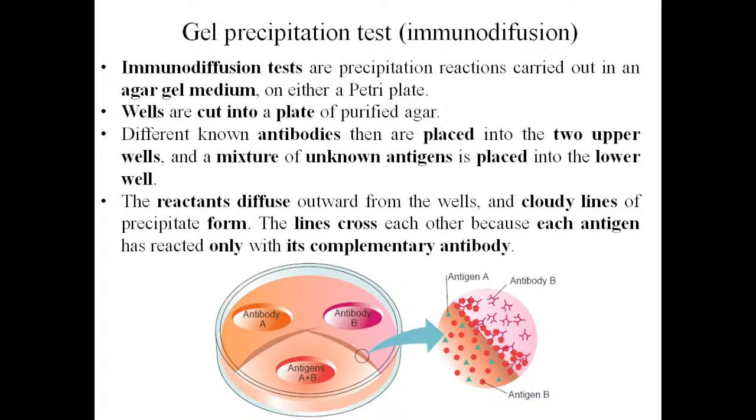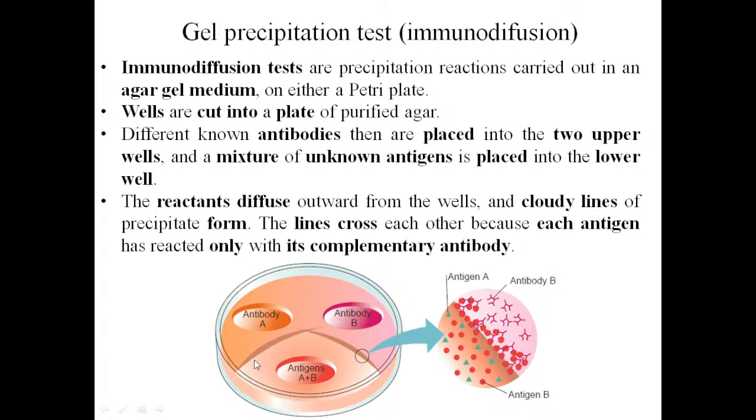Bacteria mostly. Different known antibodies are placed into the two upper wells, and a mixture of unknown antigens is placed into the lower well here. These reactants diffuse into agar from the wells and form cloudy white lines.